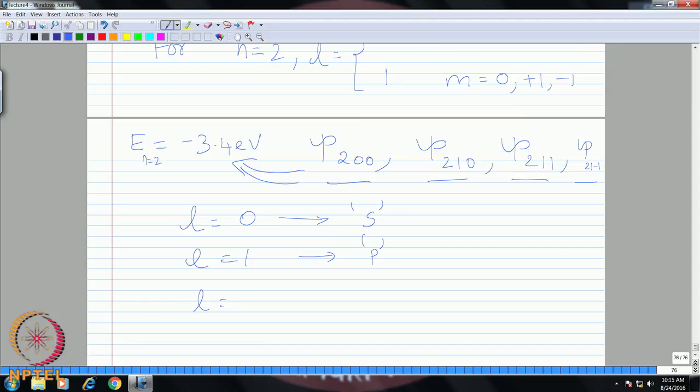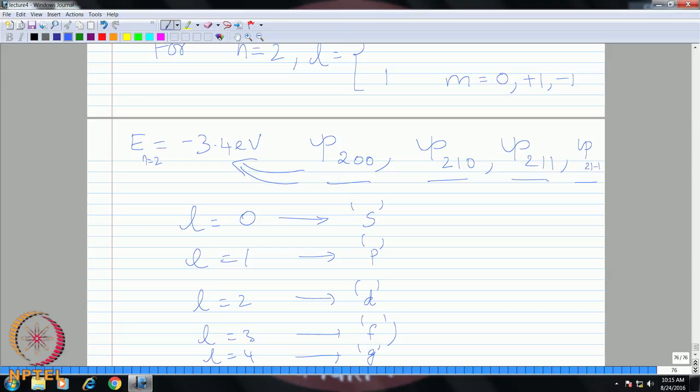So, L equal to 2, L equal to 3 are d and f, and then we have an orbital g also, SPDFG. Each denotes a particular value of quantum number L, starting from L equal to 0 to L equal to 4.